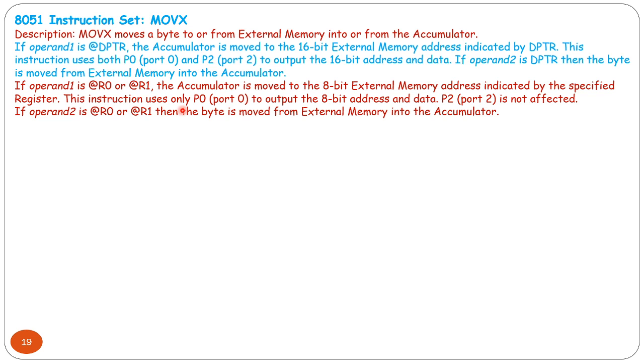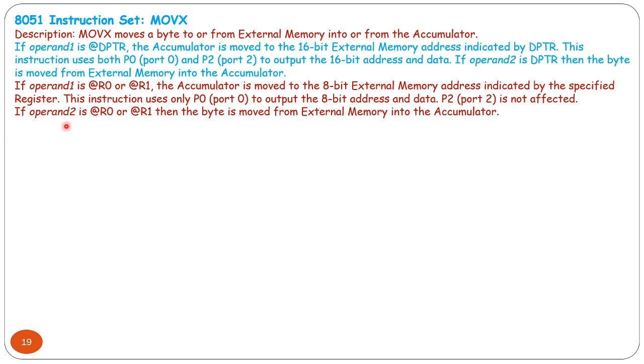This instruction uses only port 0, that is 80 to 87, to output the 8-bit address, maybe data or address, and port 2 is not affected here.